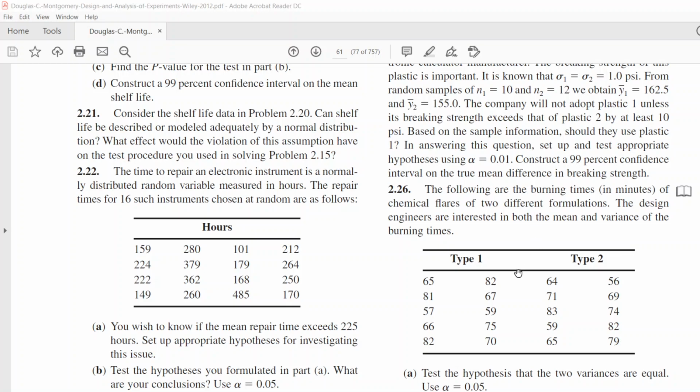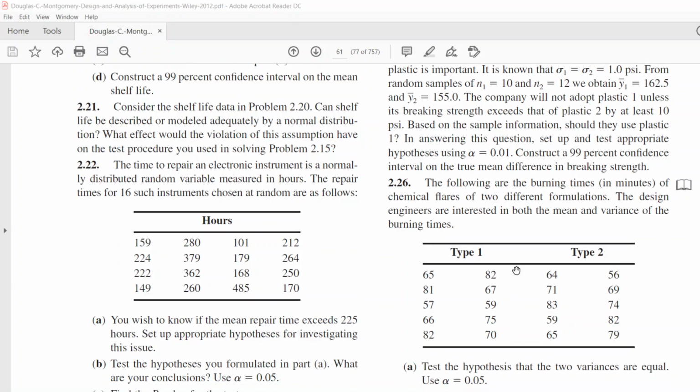So, this is also pooled. You may think why? Why is it pooled? Because they didn't specify. Because first we know for paired, we can do proof by contradiction here.